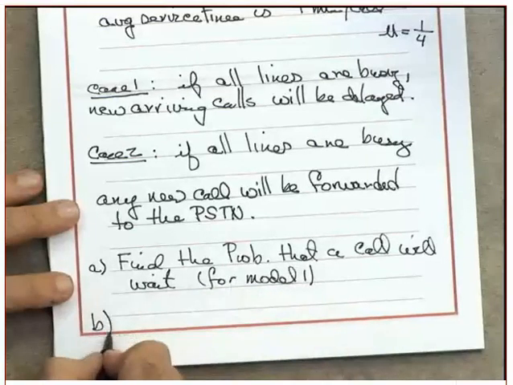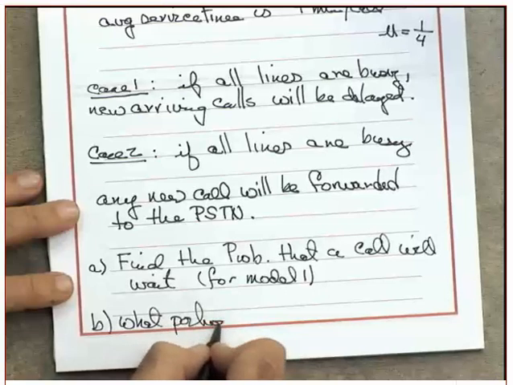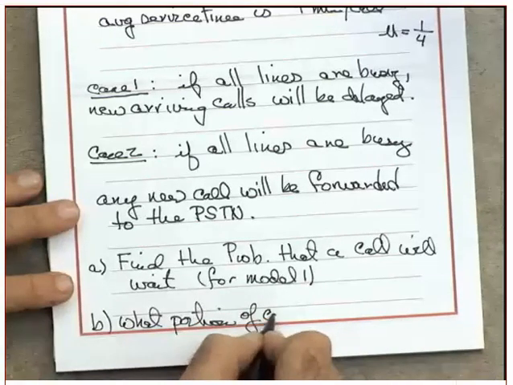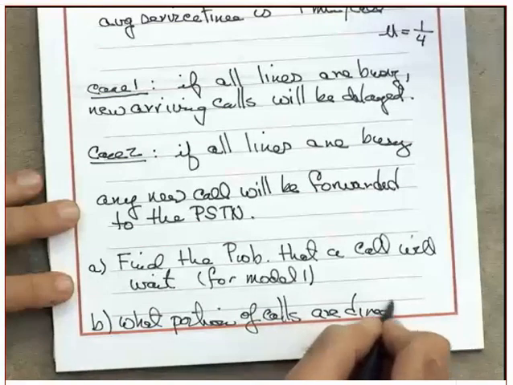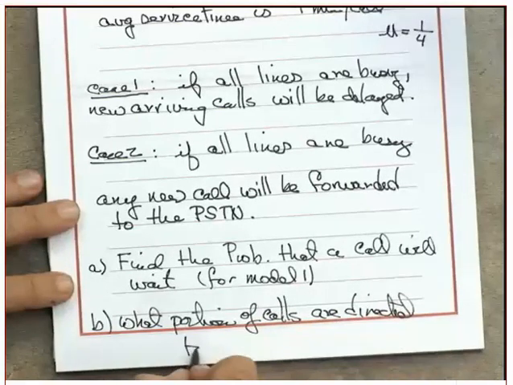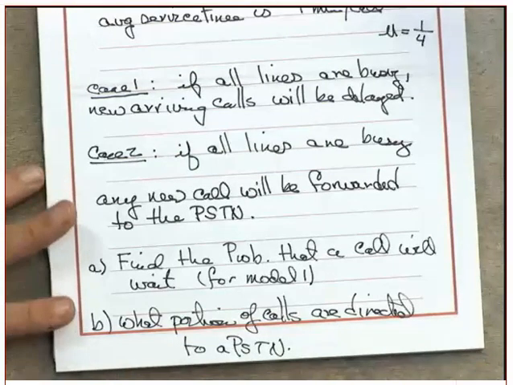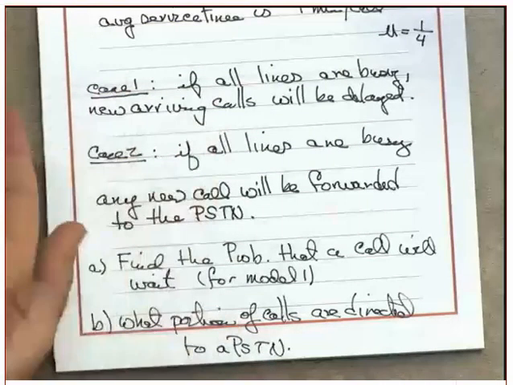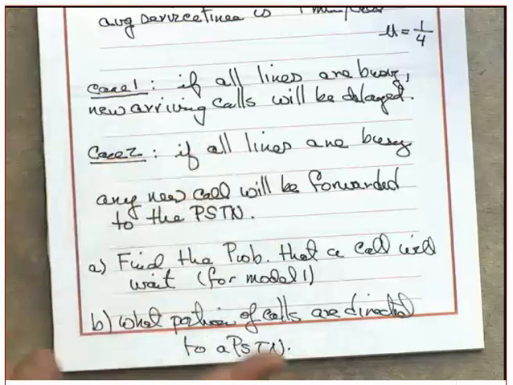And for model B, what portion of calls are directed to PSTN? When it says portion of calls, it means what? What is the probability that the calls will be forwarded to the PSTN? You notice the question did not give you what?